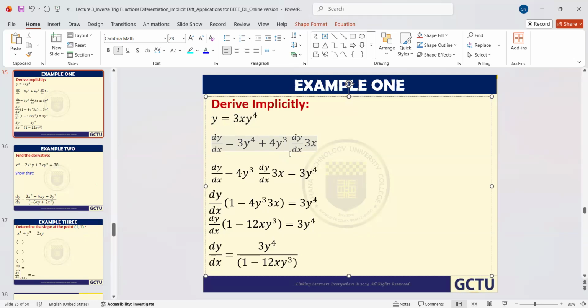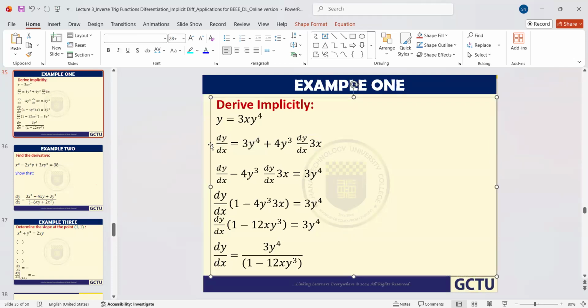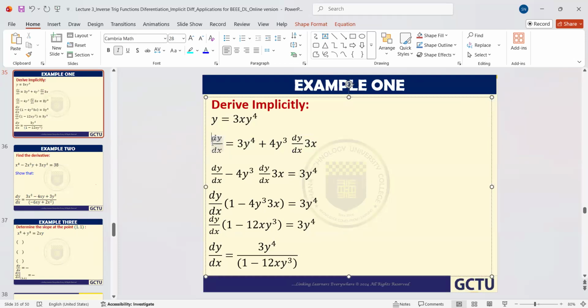Now, what do we do? We try to bring all the terms in dy/dx to one side. Remember that there's a dy/dx on the left-hand side. That is what we are solving for. And I have another dy/dx on the right-hand side. So I am going to bring all these terms to the left.